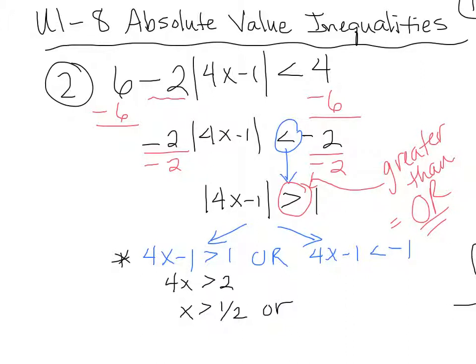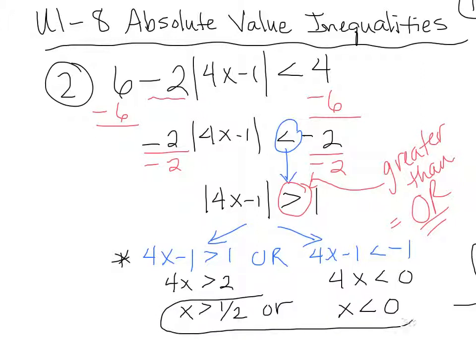When I add 1 to both sides here, I get 0, and when I divide by 4, I still get 0. So here's my answer, that x is greater than 1/2, or x is less than 0.